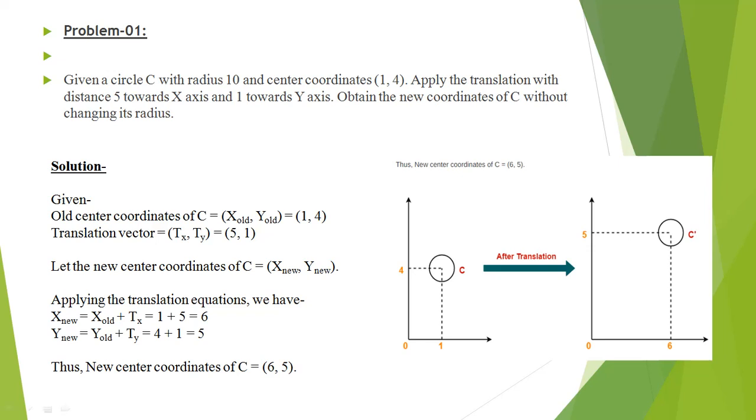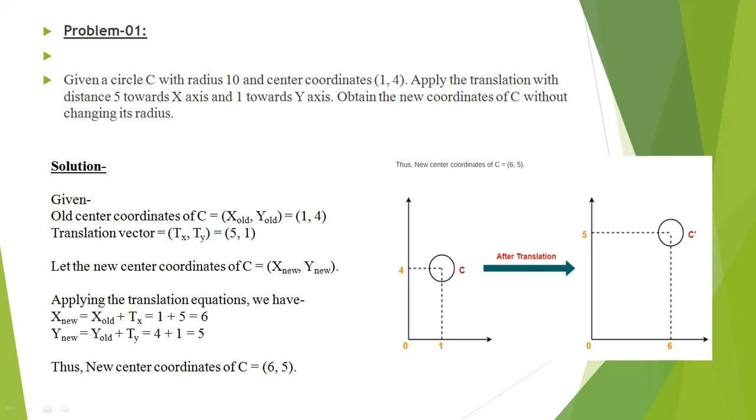See, in the first diagram this is a circle of radius 10 centimeter, with x coordinate 1 and y coordinate 4. We require the translation vector. In the problem statement, the values are given: tx equals 5 and ty equals 1. So we only calculate the values of x new and y new.